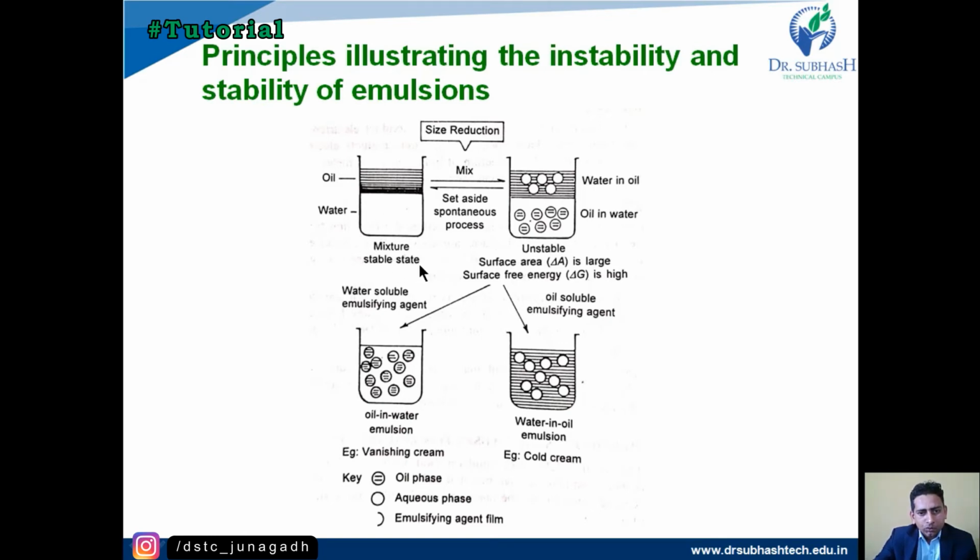So vice versa, we can say the emulsion always wants to achieve a stable state. That's why we say emulsion is thermodynamically unstable. The oil and aqueous phases always have a tendency to separate from each other. So that's why the phenomenon comes that emulsion is thermodynamically unstable.